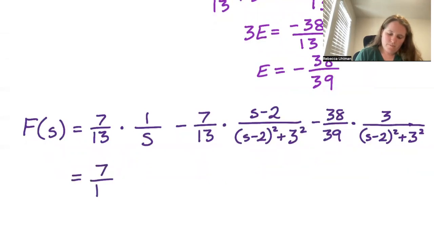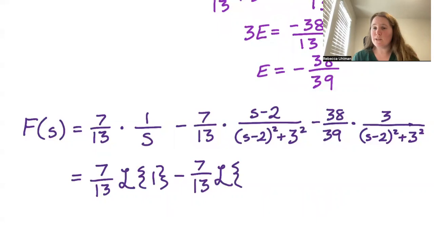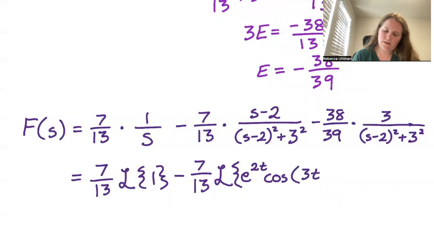1/s is just the Laplace transform of 1. So we have 7/13 times the Laplace transform of 1, minus 7/13 times the Laplace transform of s minus 2 over s minus 2 squared plus 3 squared. This is the Laplace transform of e to the lambda t times cosine omega t, where e to the lambda t is e to the 2t times cosine of 3t.